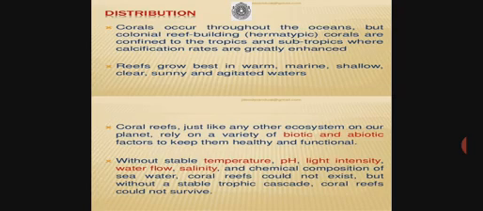That means a suitable temperature, pH, light intensity, water flow and salinity should be there in the waters where these corals are building. They cannot exist without the factors mentioned above. But without a stable trophic cascade, coral reefs could not survive either.